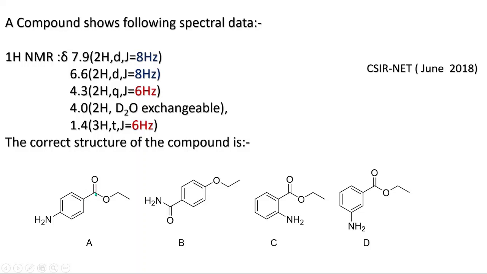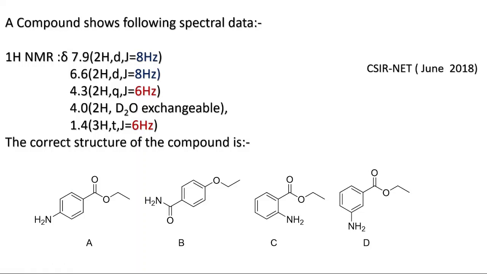We know this is a carbonyl group. So if you see this NH2 group, this will donate, and the ortho carbon will be rich in electron density in that area. So this will resonate at 6.6, 2 hydrogen doublet, and this will resonate at 7.9, 2 hydrogen doublet.